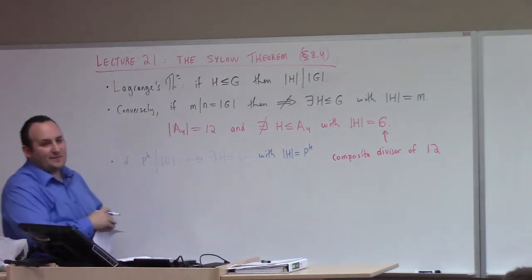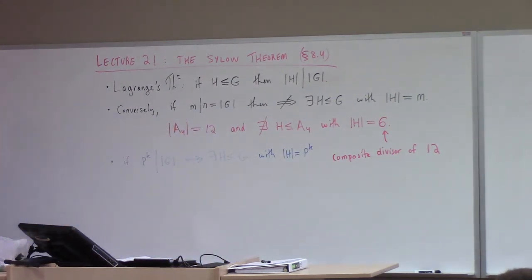P will be a prime in this entire lecture, let it be known. I'm not going to write that 30 times, all right? And G is going to be a group. At no point will I use G that's not a group. So if I don't write it, you'll forgive me.